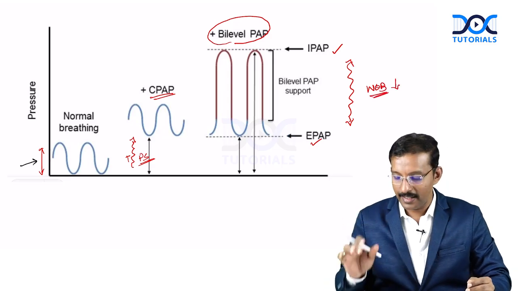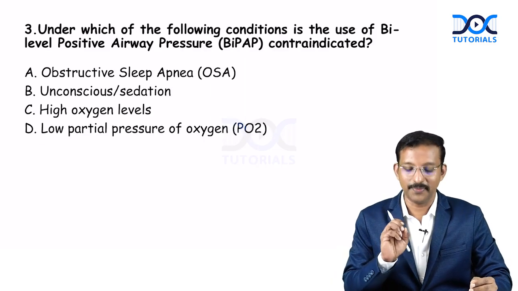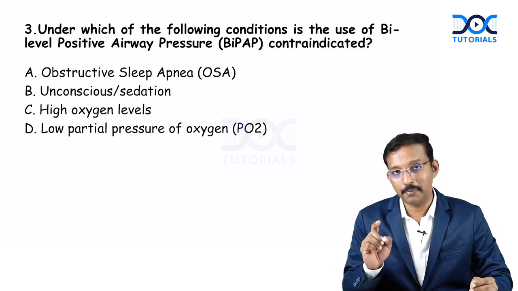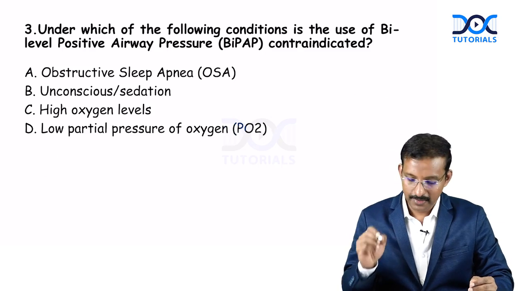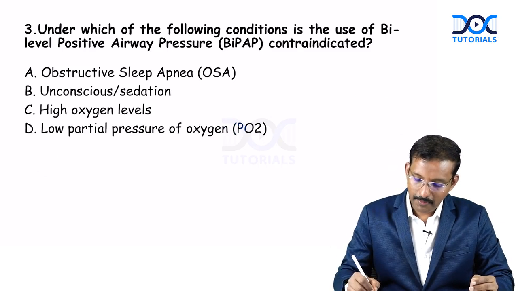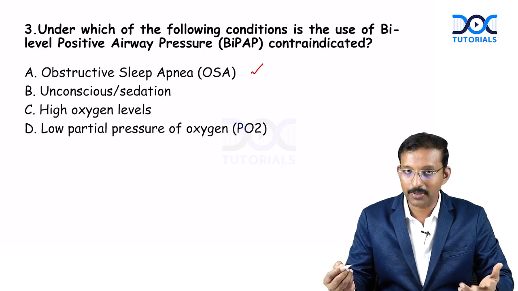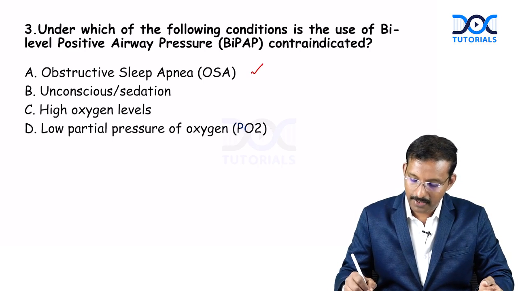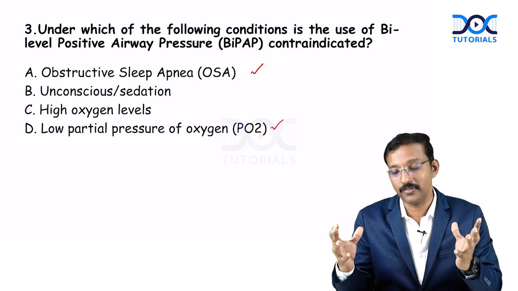So, with this idea, if you come back to the question, you will understand the answer. Under which of the following conditions is the use of bi-level positive airway pressure contraindicated? Contraindicated. See, obstructive sleep apnea, we can give, no problem. BiPAP can be applied, or a positive pressure can be applied. Patient with low partial pressure of oxygen, again it improves oxygenation by opening up of alveoli.